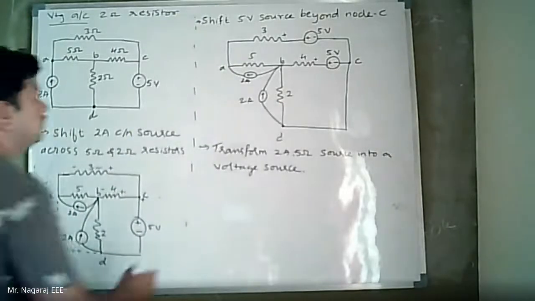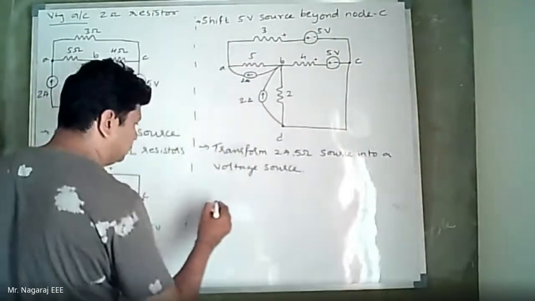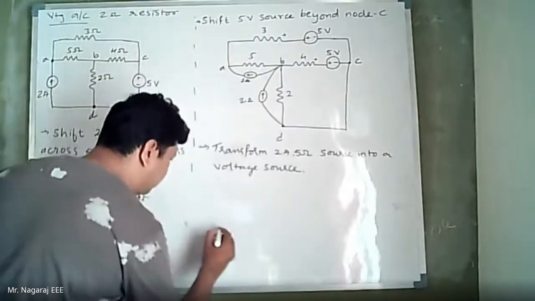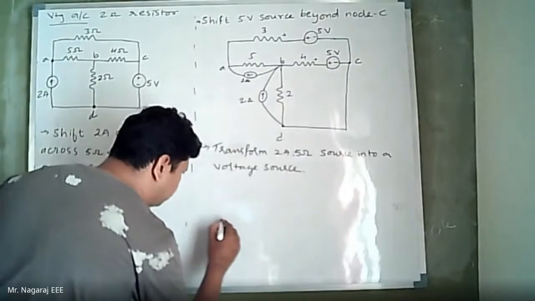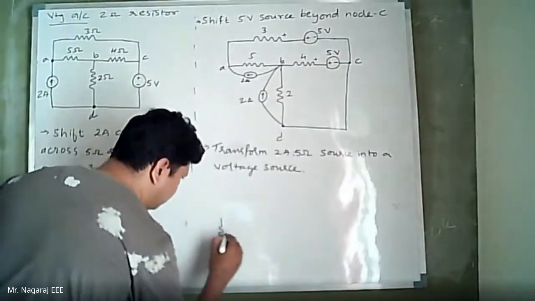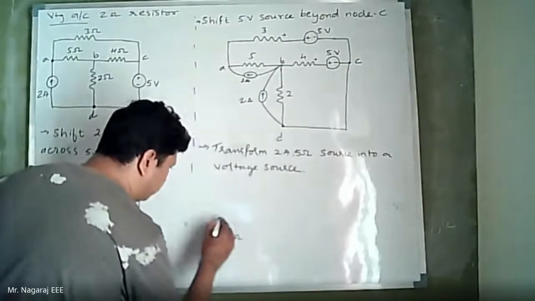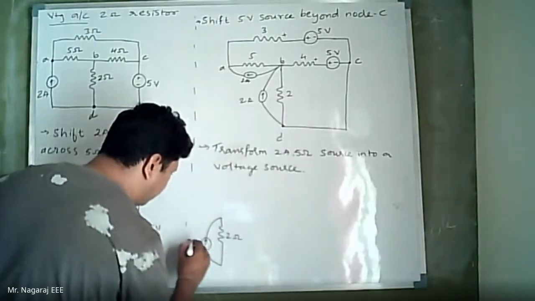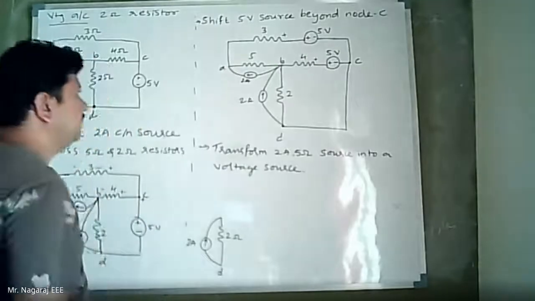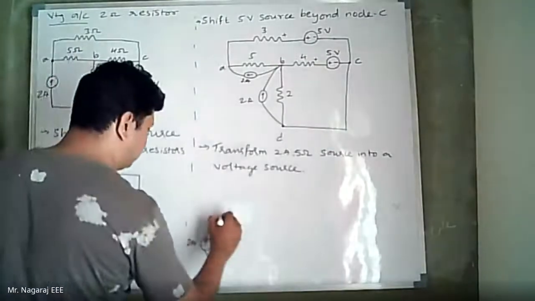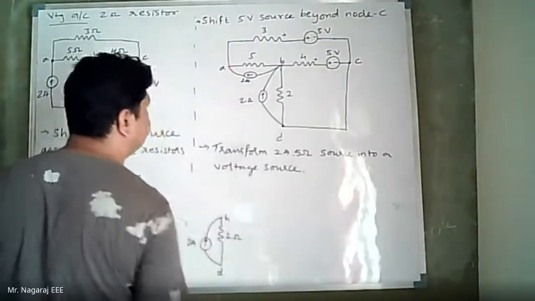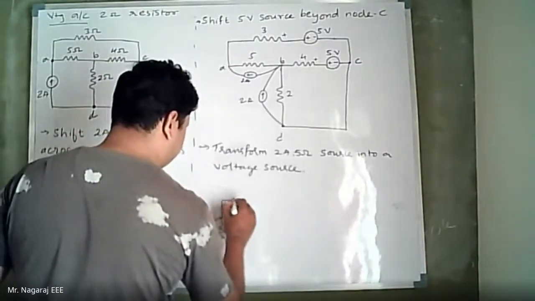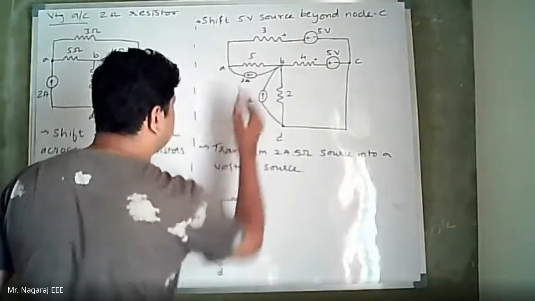Now when I do that, first I will draw this 2 ohm. This is 2 ohm and 2 amperes. This is node D. Now this is node B. This is 5 ohms.